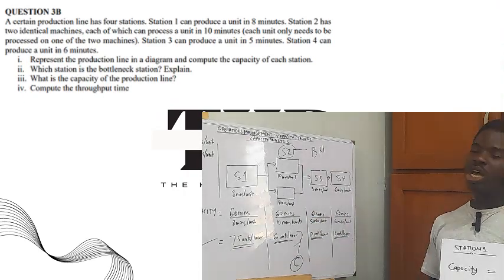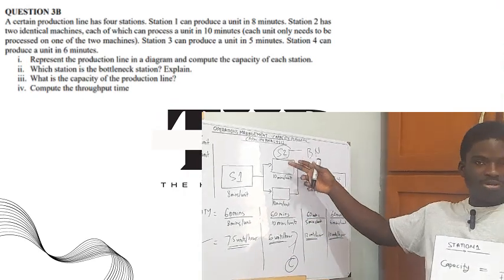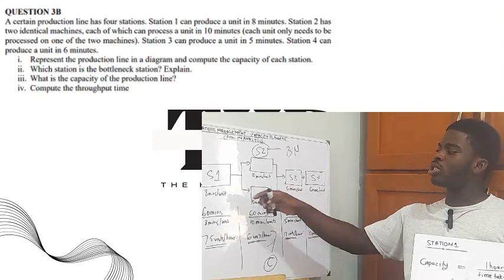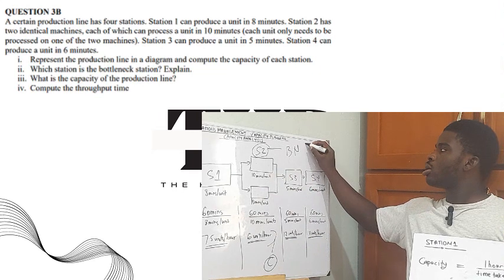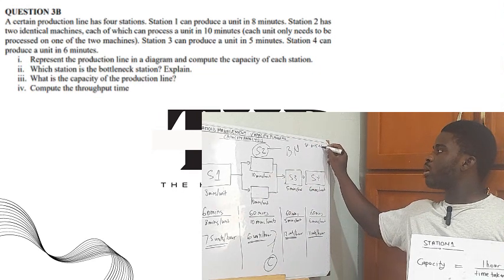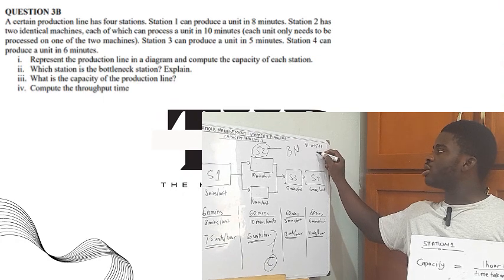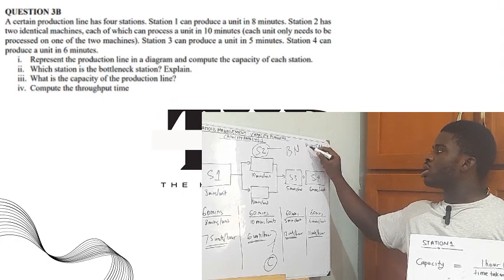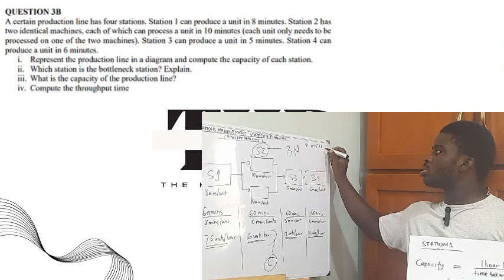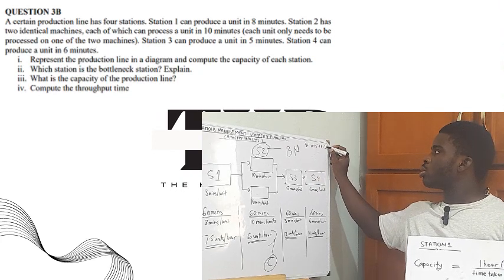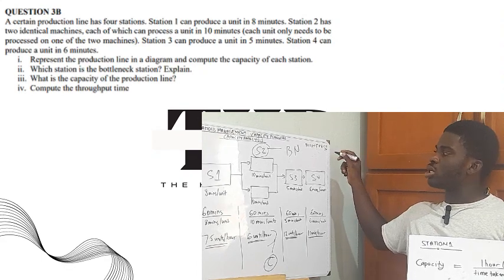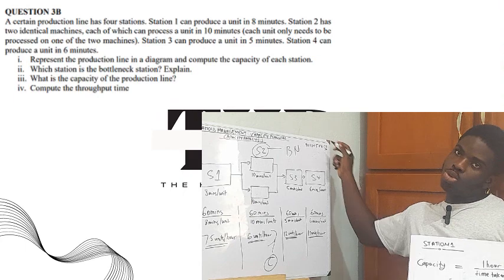Where they have different processing times, you calculate for one part: 8 plus 10 plus 5 plus 6. That is 11, 10, 21, 8, 29. So this is 29 minutes per unit. That's the throughput time.